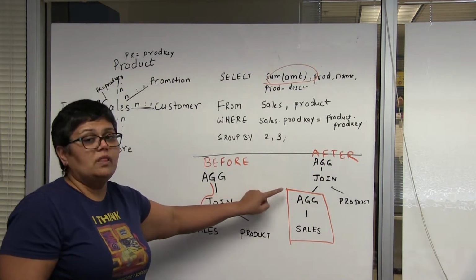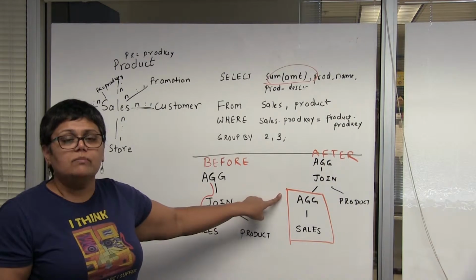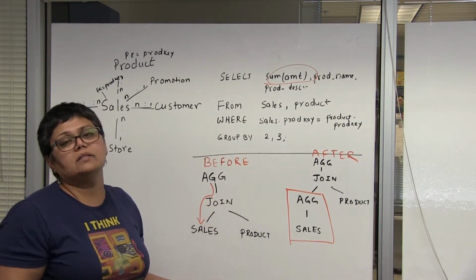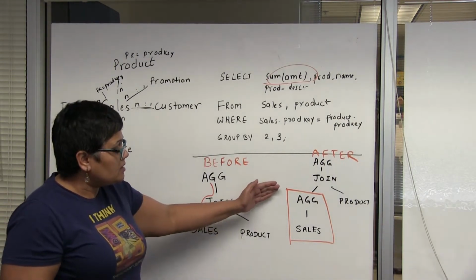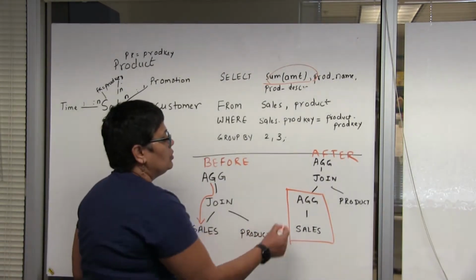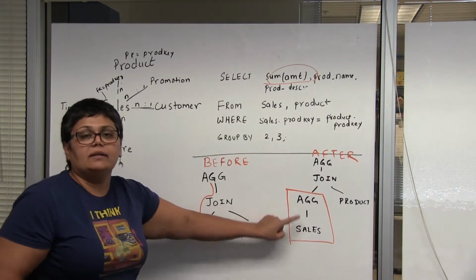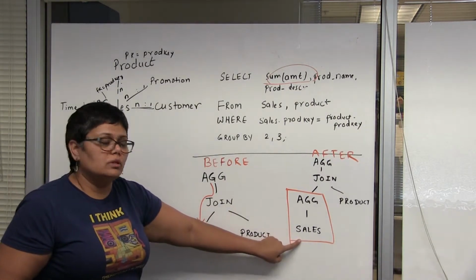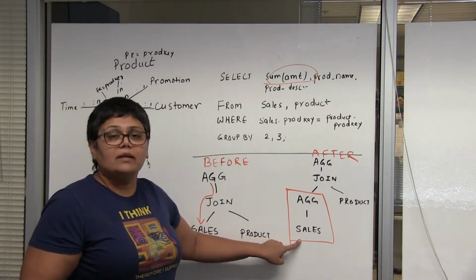In addition to this win that we got because of eager aggregation, it allows another nice thing to happen. And that is now we can use an analytical view to compute aggregated sales. You don't need to go to the huge fact table.